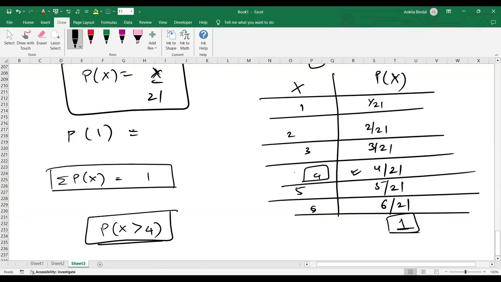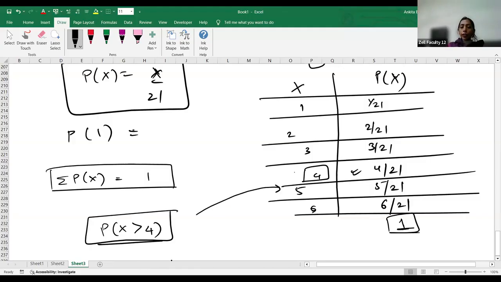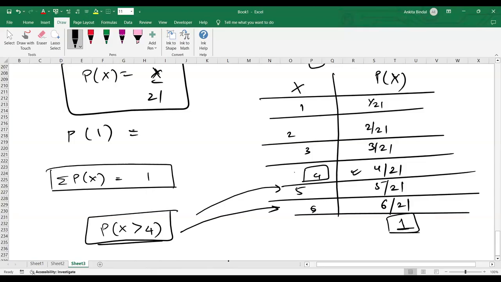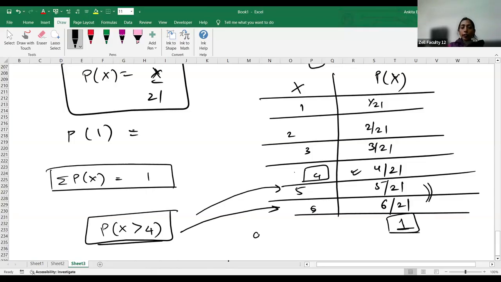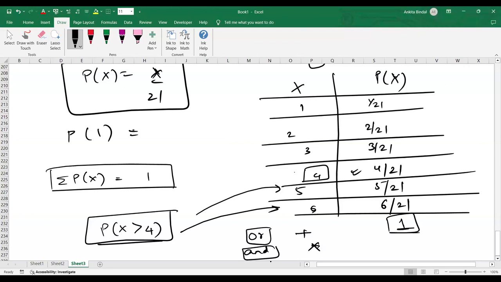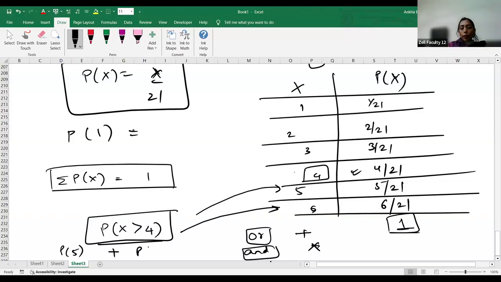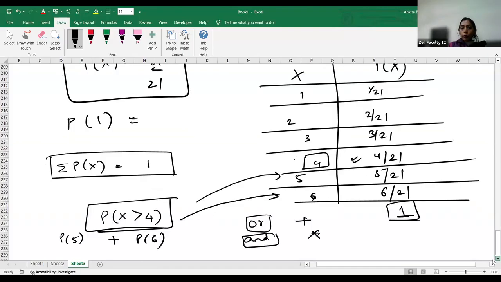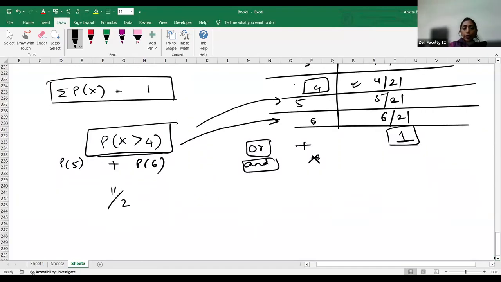Greater than 4 means it could be 5 or it could be 6. When the word 'or' is used, in probability we add. The word 'or' is used for addition and the word 'and' is always used for multiplication. So here, greater than 4 means probability of 5 or probability of 6. If I do that, I'll get 11 by 21.